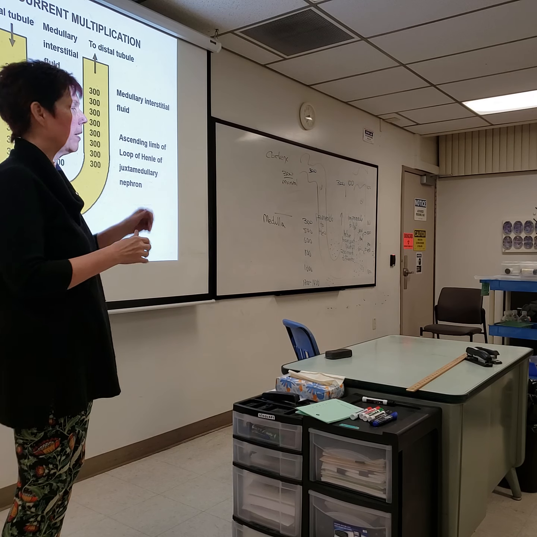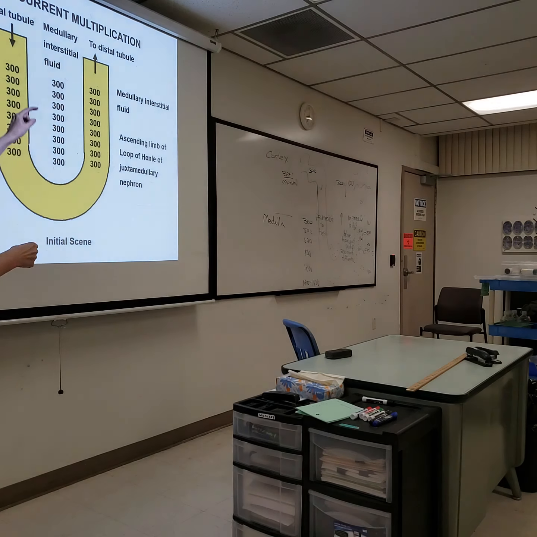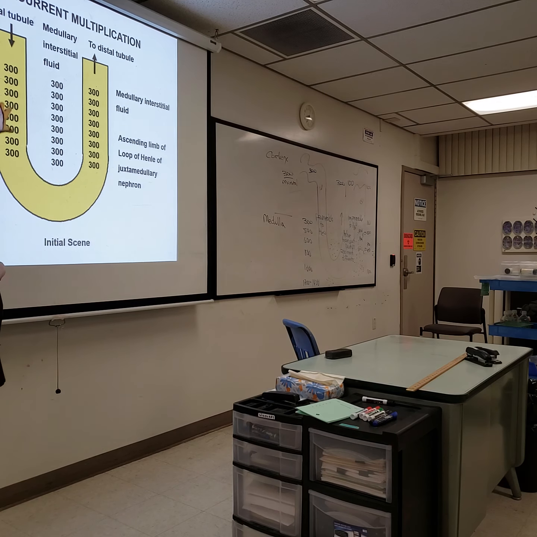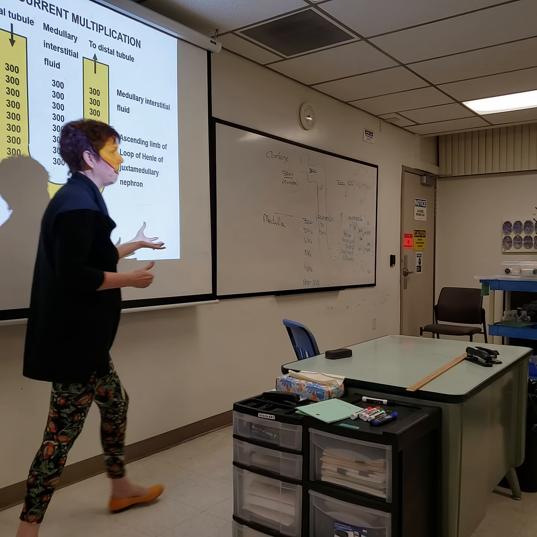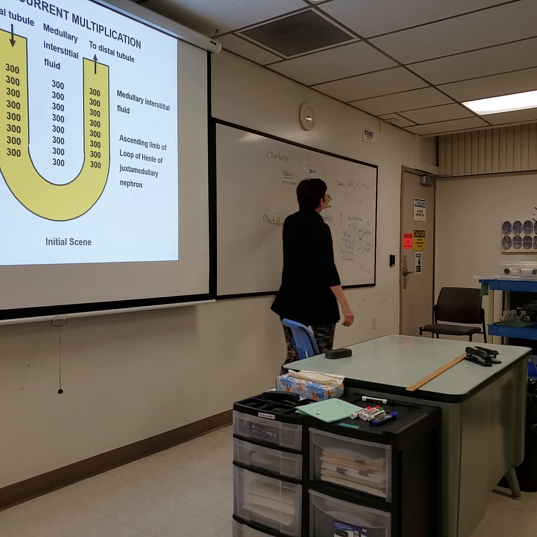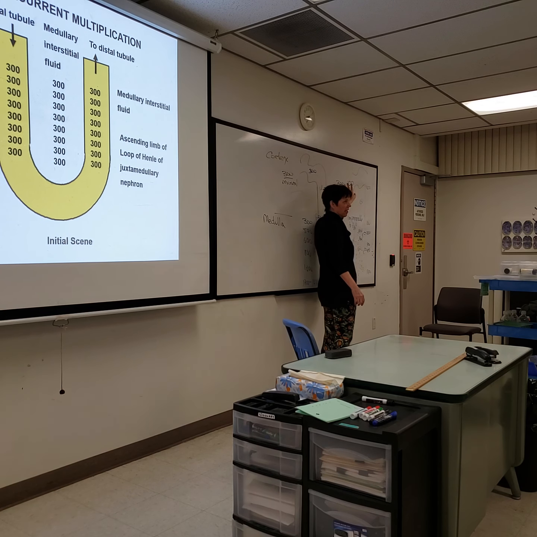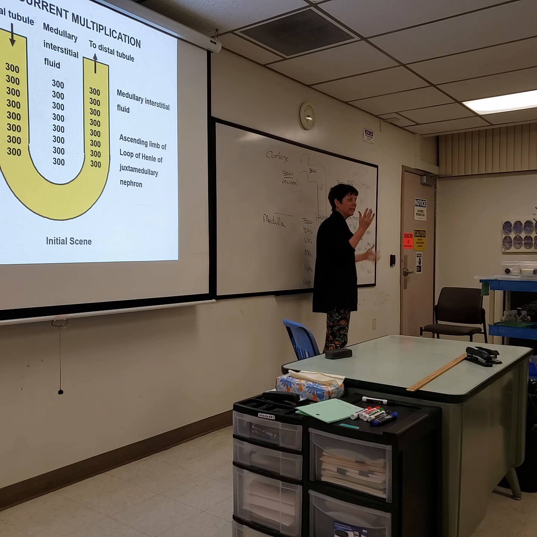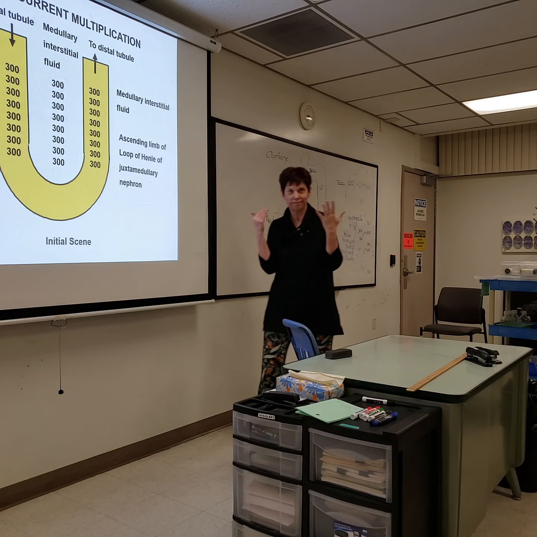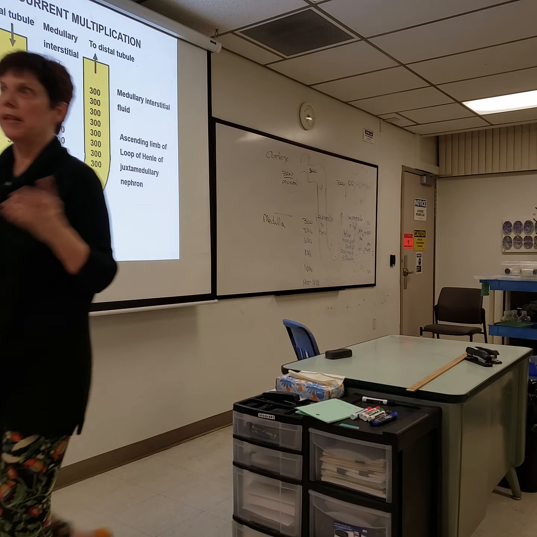So we have that with our countercurrent flow, but it's a multiplier because what was here ends up over here. So that allows us to magnify the effect from 300 here to 1200. Without the multiplier effect, we would be limited to 450 and 350 and 550.